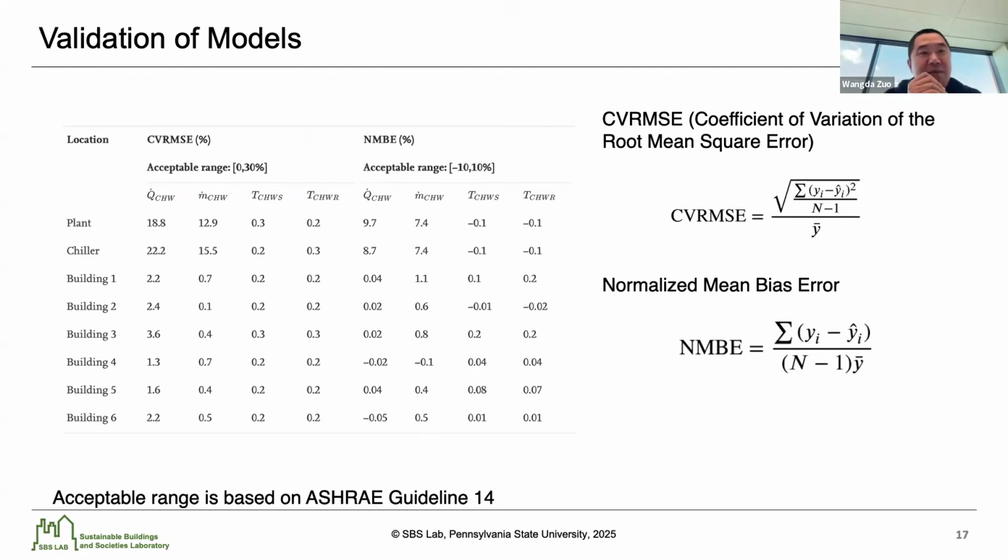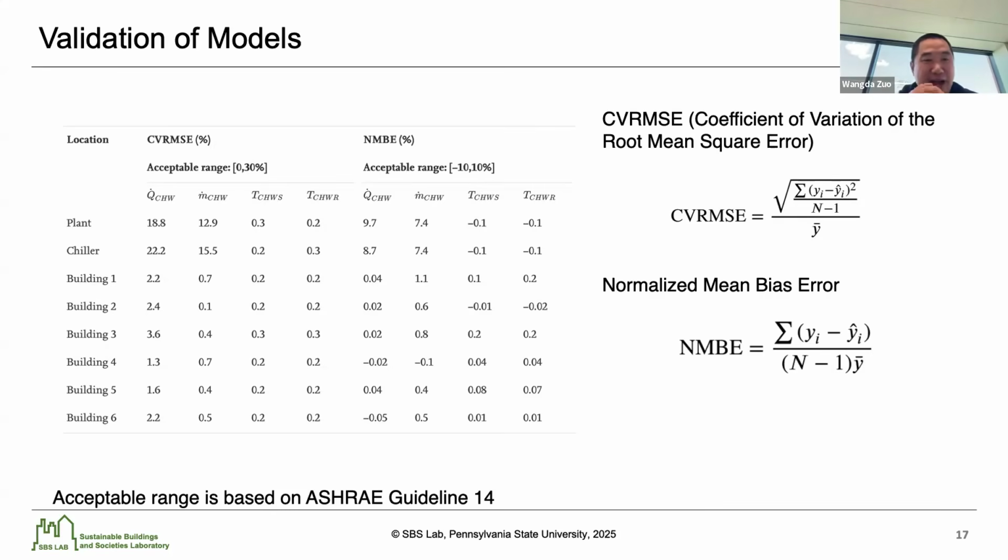So after we implement all the models, then we need to calibrate our models. In a real world project, calibration is not easy because number one, we don't necessarily have all the sensors we need. It's super expensive to install a lot of sensors on a real system. Number two, even the sensor readings might not be as accurate as we hope.